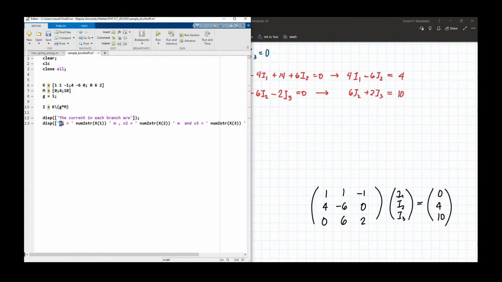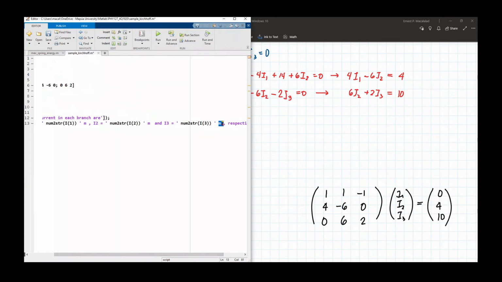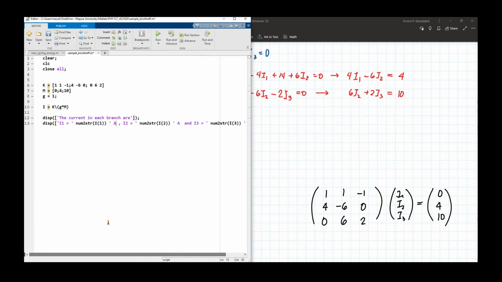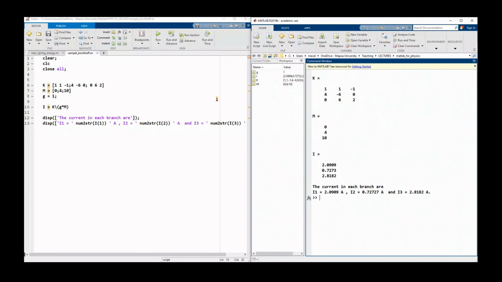These are I1, first I2, second I, and I3, third I. The unit would be ampere, and ampere. So let's see what happens. Let's run, and this is the result.